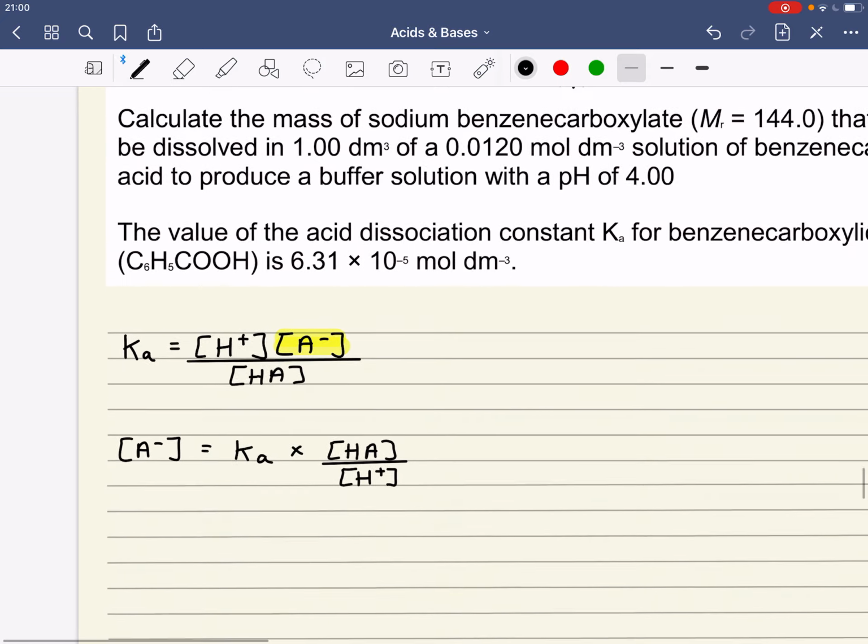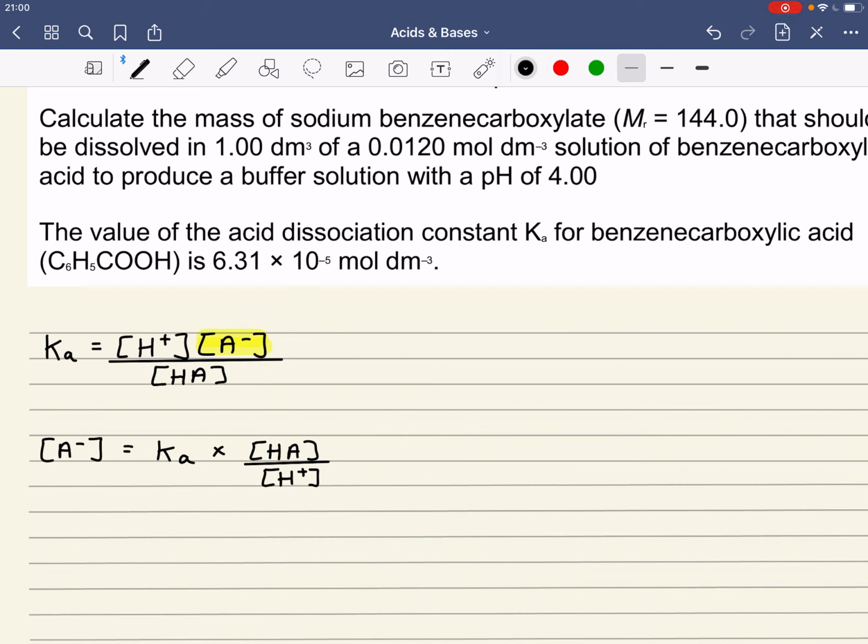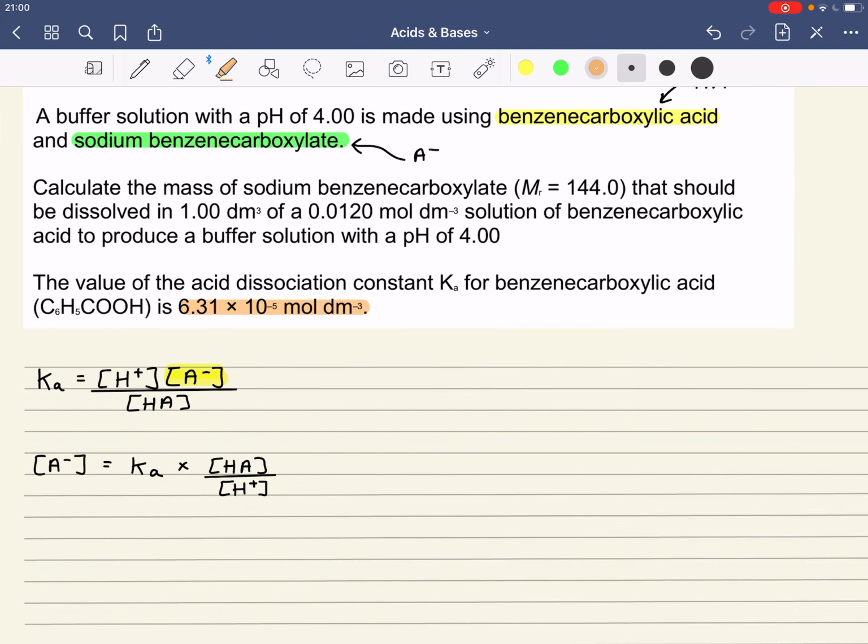Now, if I look at my question, I've been given my Ka value here. My HA is given here. That's the concentration of my benzene carboxylic acid. My hydrogen ion concentration can be deduced from the pH.